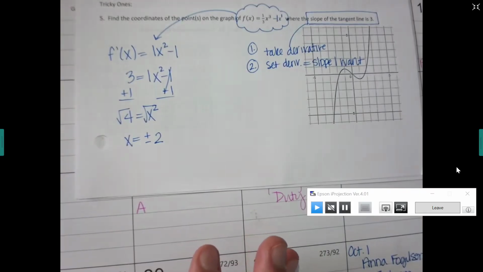Okay, now for your homework, this is important. Sometimes it'll just ask you to find the x values. And if it does, 2 and -2 is the answer. But look at the way this question asks. It says to find the coordinates of the points. So if I need points, I need x's and y's.